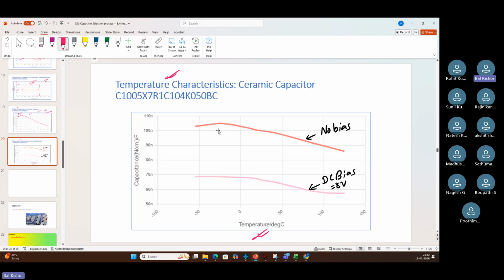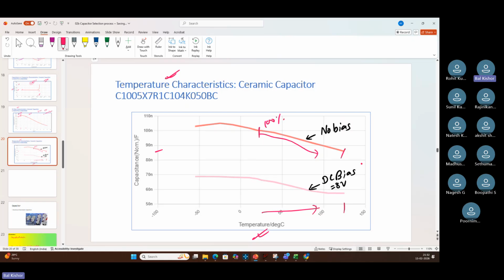As my temperature increases, let's say this is 25 degrees centigrade, that is 100%. But with the increase in temperature, my value is reducing, though there is no drastic change. At 125, which is the rating, it becomes around 85 nanofarad. So just a 15 nanofarad change due to temperature rise.